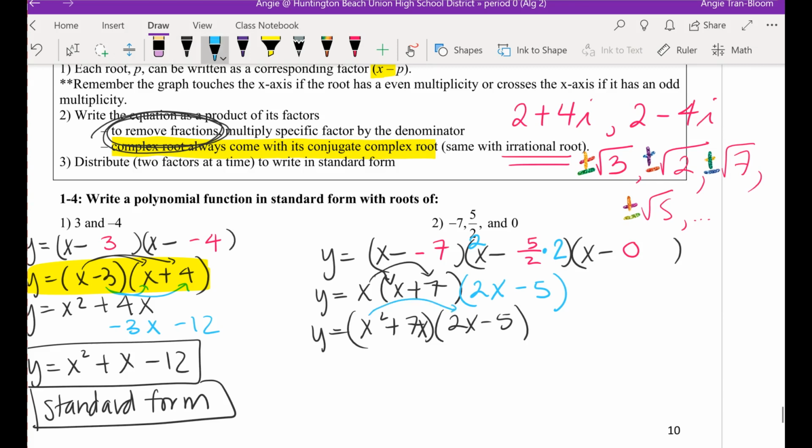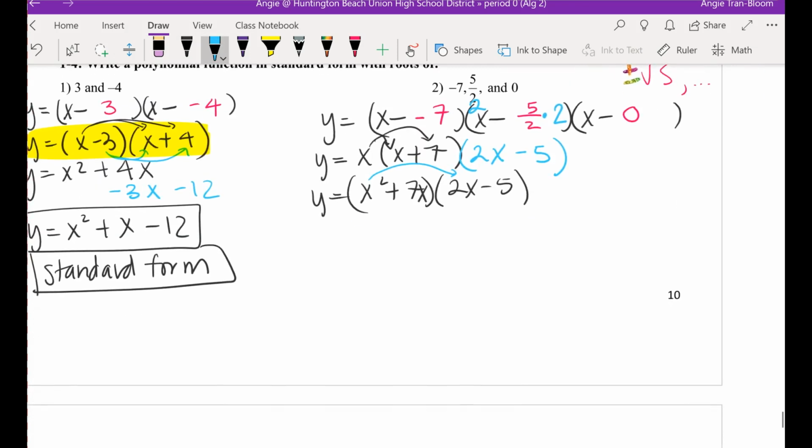X squared times 2x is 2x to the third. X squared times -5 is -5x squared. Yes or no? Yes. Yeah. Next, 7x times 2x is a positive 14x squared.